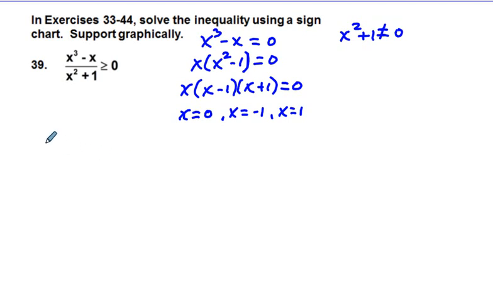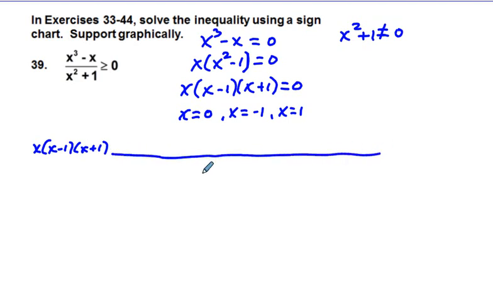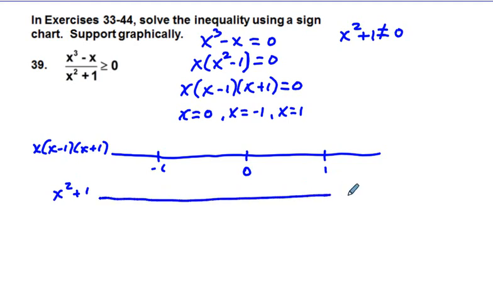So I'm just going to write this in factored form, x minus 1, x plus 1, and we're going to put our critical numbers -1, 0, 1, and then for our denominator we're going to have again x squared plus 1, and for our denominator everything is positive again.